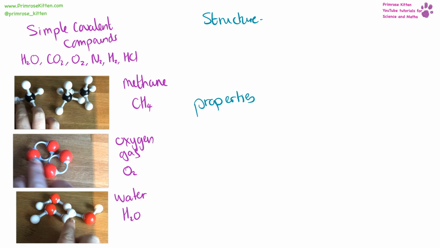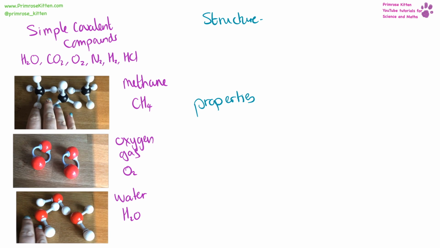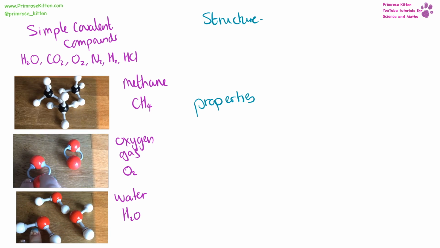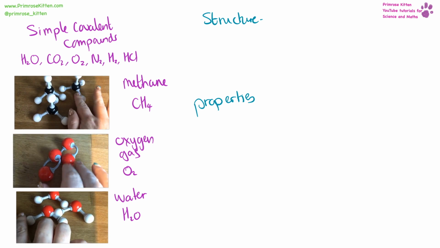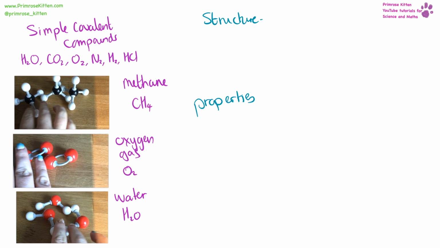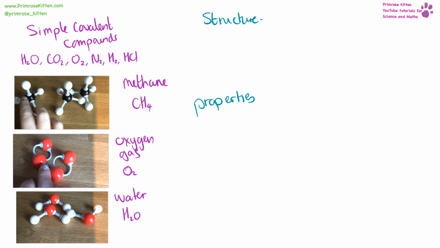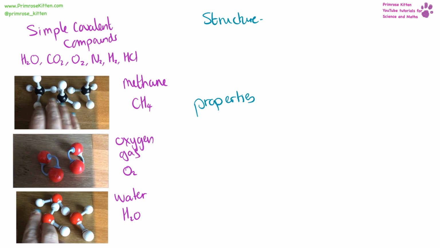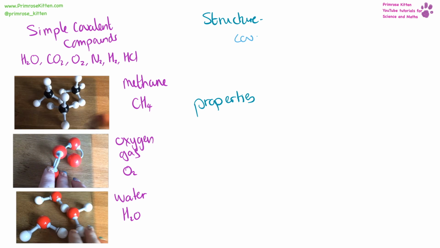For simple covalent compounds, such as water, carbon dioxide, oxygen, nitrogen, hydrogen gas, hydrochloric acid, or methane, as we have here, they are very, very small structures. They have covalent bonding.